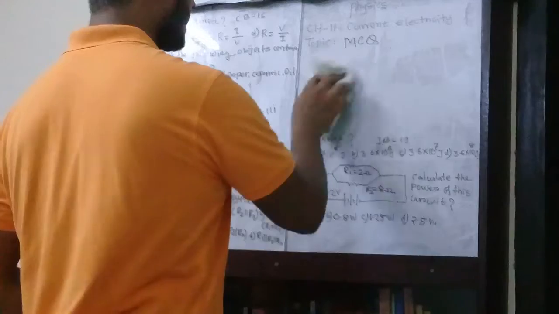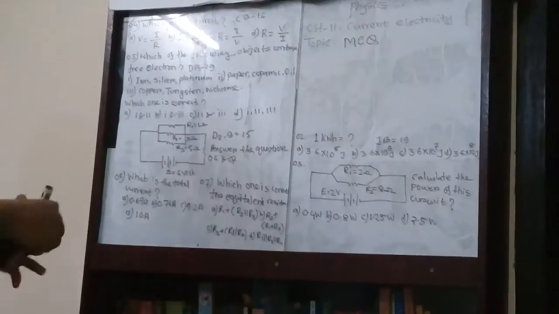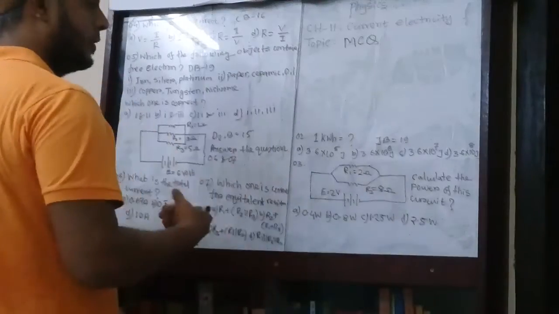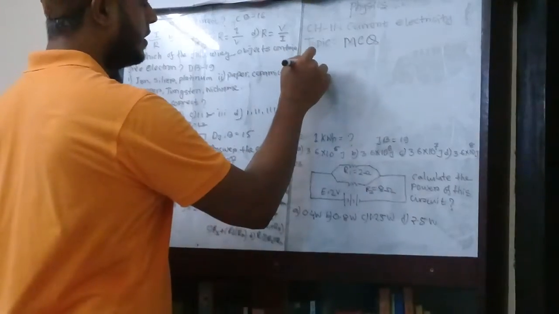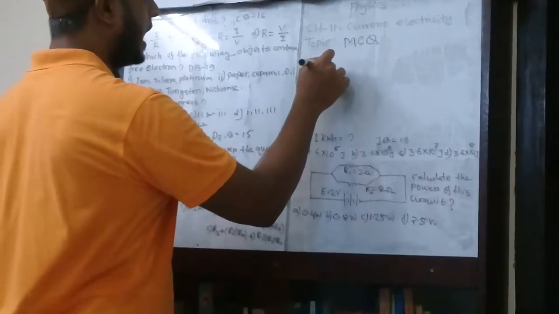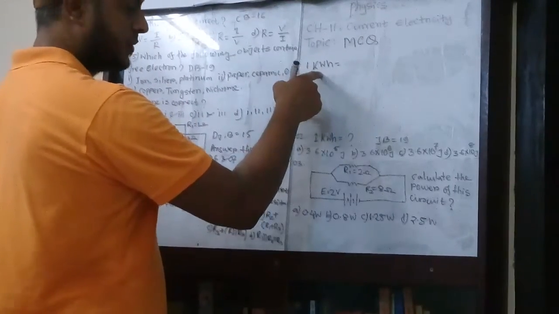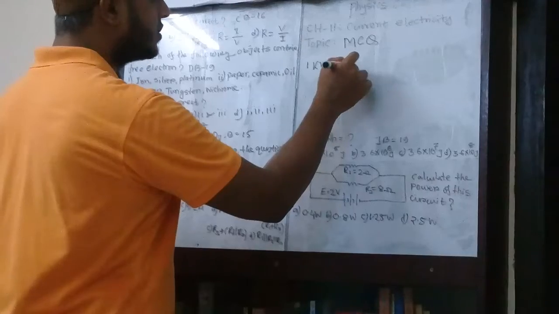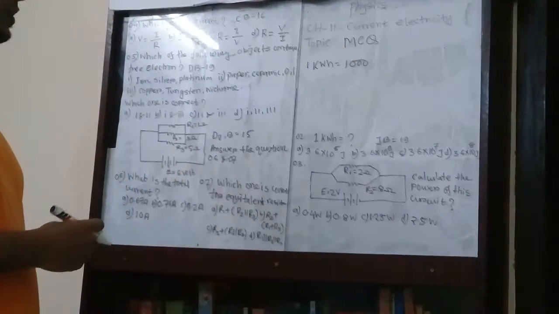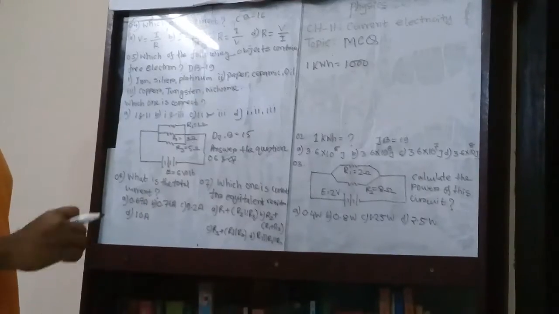Okay, yes, completed. Now, 1 kilowatt hour will equal, you see, 1 kilowatt. Kilo is what? This is 1000 watt. And 1 watt equals 1 joule per second.